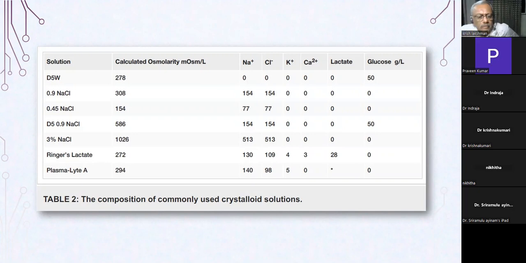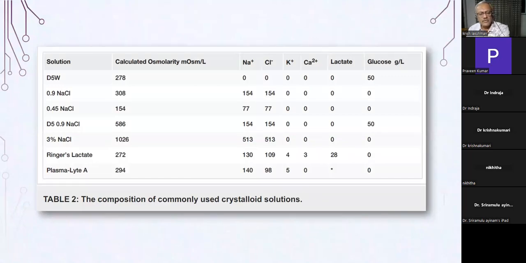Go on, Nikitha. So here we can see that there are hypotonic solutions and hypertonic solutions. Based upon that, 0.9% NaCl, which is 308, is close to the plasma osmolarity, so it is considered isotonic.